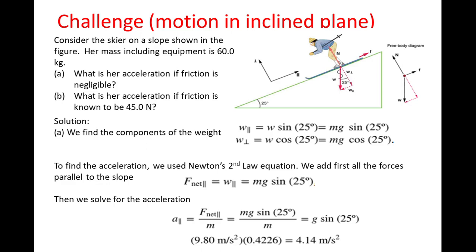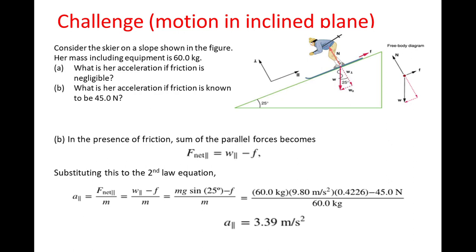We rearrange to solve for the acceleration, which gives us acceleration equals acceleration due to gravity times sine of 25 degrees, which equals 4.14 meters per second squared.